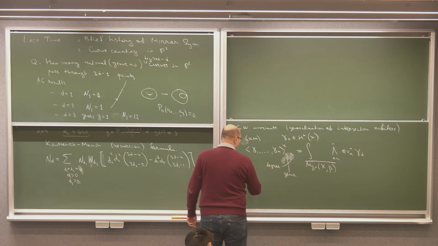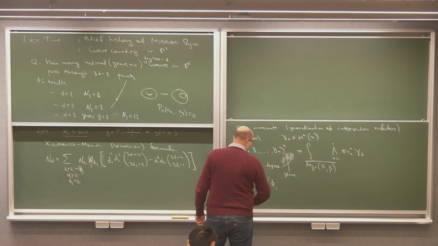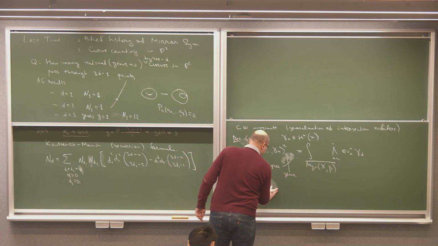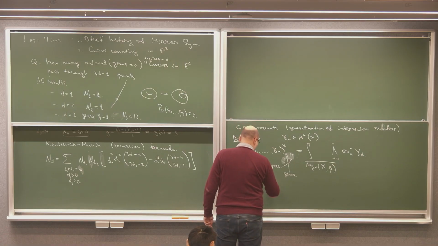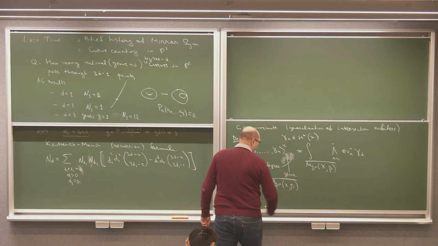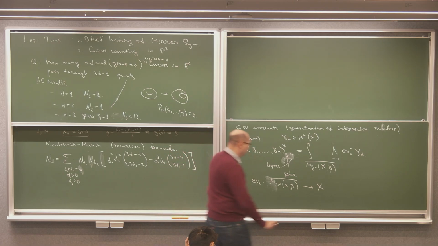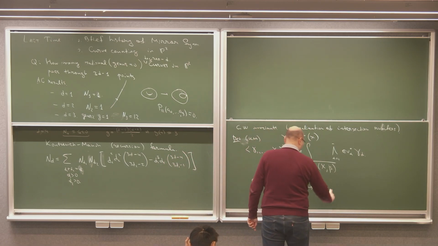Okay, so as this evaluation maps, they essentially do the following. So they map an element of this moduli space to X, and the map is the following.